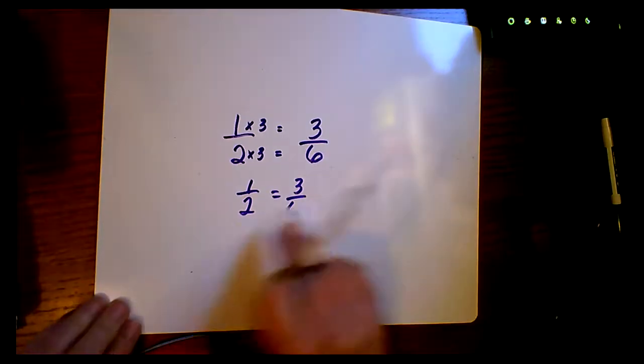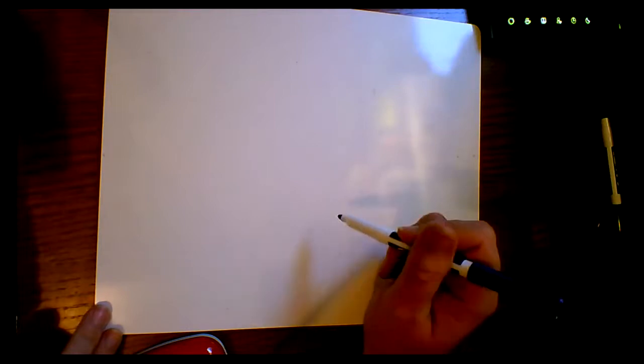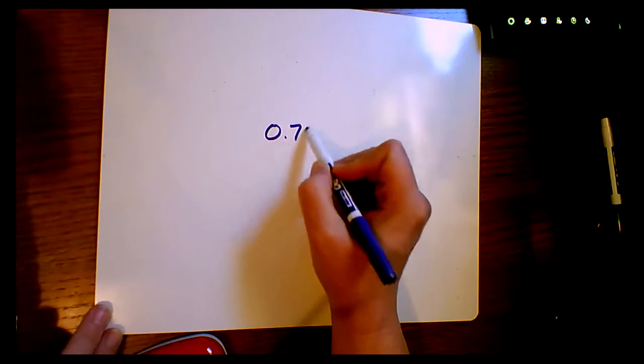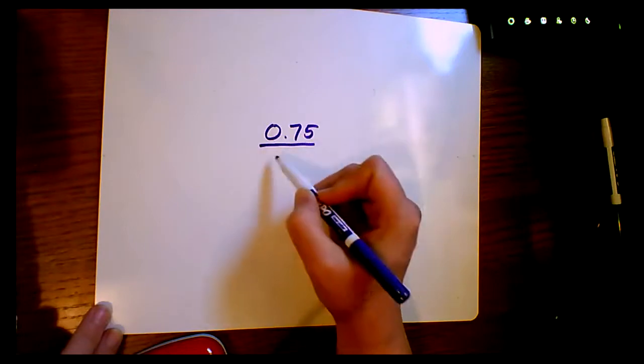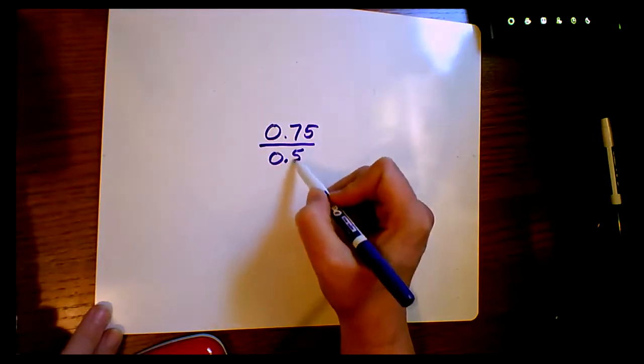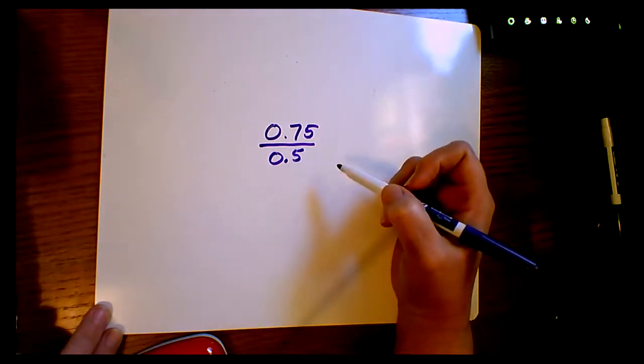Okay, let's look at what we do when we're dividing by numbers with decimals. We will want to change the number we are dividing by into a whole number. So for example, let's say we have 0.75 or 75/100ths divided by 0.5 or 5/10, okay?